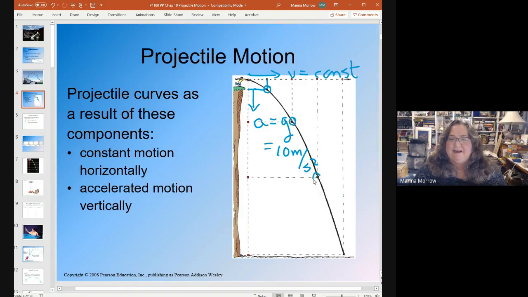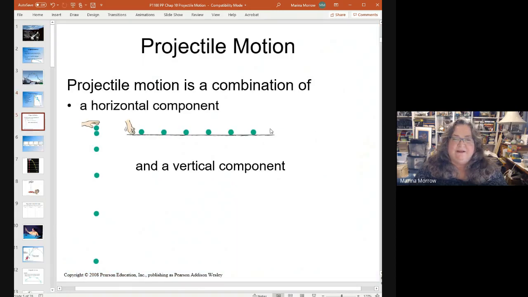At 1 second intervals, here's the ball, and you can see how it gains speed and distance in the y direction. And so it stretches out the shape into the parabola. Okay, so horizontal constant speed, vertical accelerated.